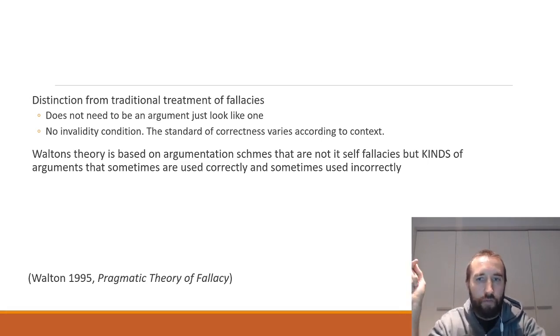When we are talking about informal fallacies, you can't see from the form of the argument whether it is fallacious or not. You still have to argue that it is in fact fallacious, and this depends on how you argue for it. It depends on what kind of fallacy or argumentation scheme you are interested in, and there are books written about one single fallacy and how it should be treated in different conditions and contexts.